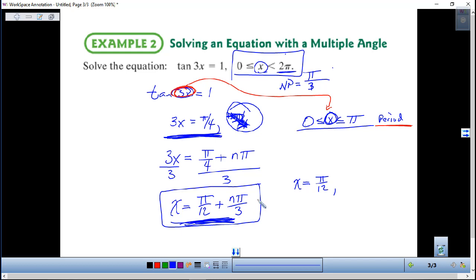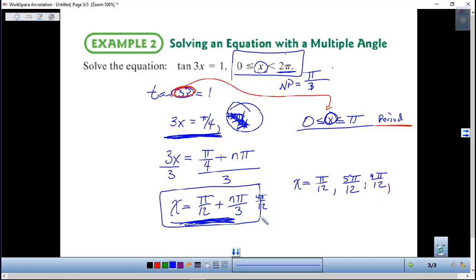If I add pi over 3, it's the same as adding 4 pi over 12, right? Common denominator and everything. So pi over 12 plus 4 pi over 12 will give me 5 pi over 12. Then I'm going to add that again, 8 pi over 12 because it's 2 pi over 3. And that's going to give me 9 pi over 12.